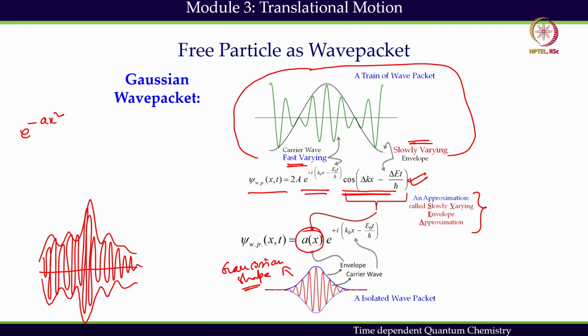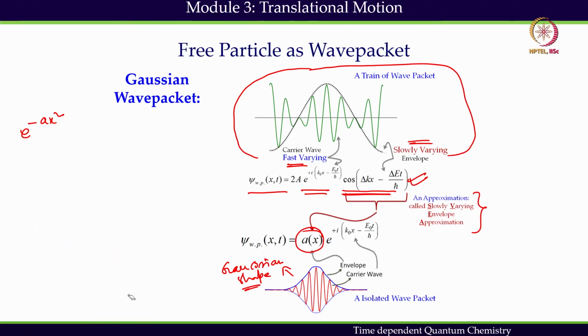So, in this module we are trying to present the analytical form of how the wave packet should move, and I have to start with an initial wave packet, and I can make it a Gaussian form, like e to the power minus a x square.